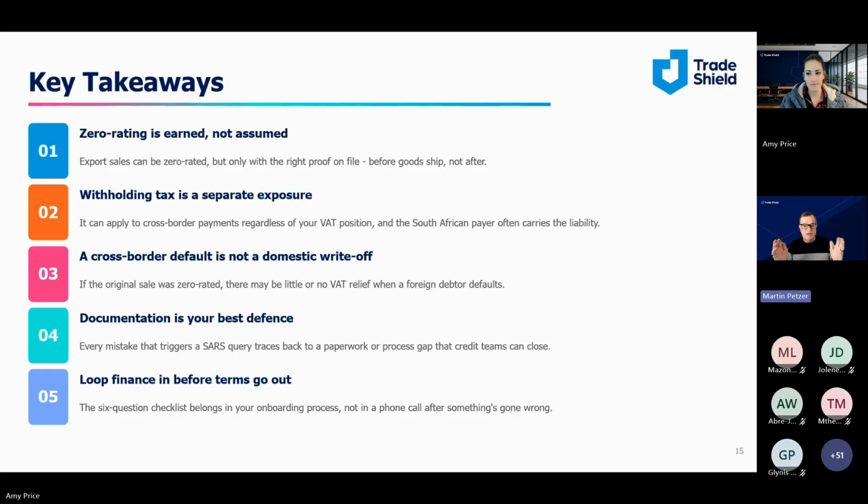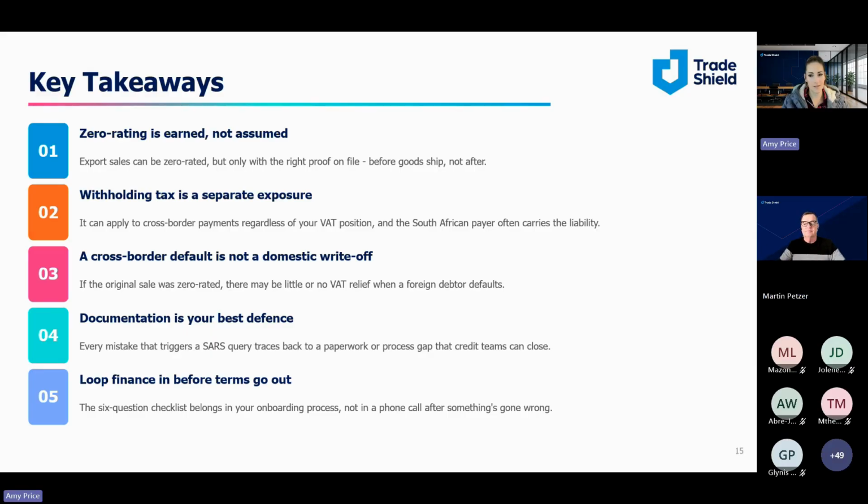The more information and clarity we can have about how the tax is done and how the VAT is done, and when you can withhold and when you can't, and when you can zero rate, all of that is going to depend not on what you've said today, because we could misinterpret, but on what those countries want. So it's important for us to do a thorough investigation before we start exporting to anybody.